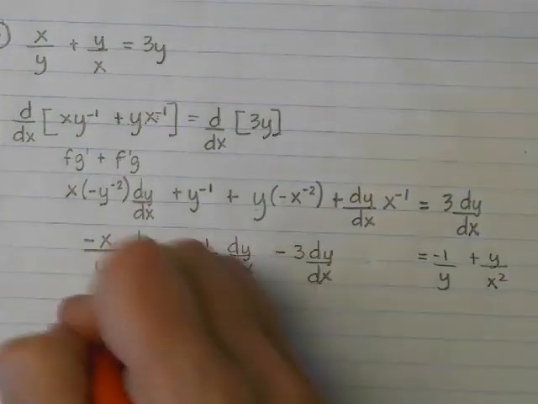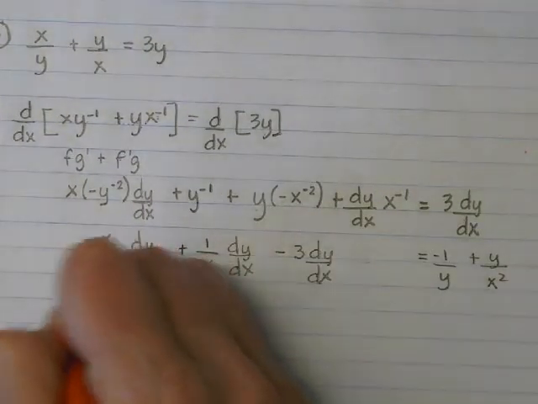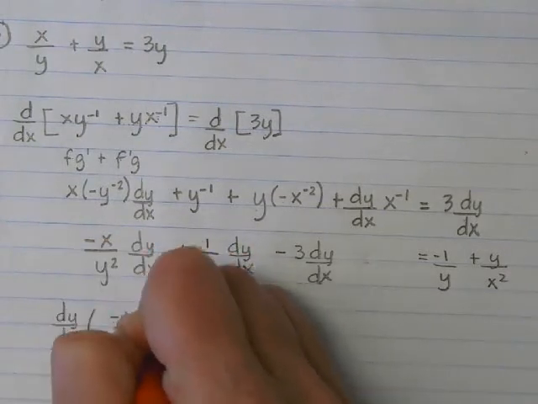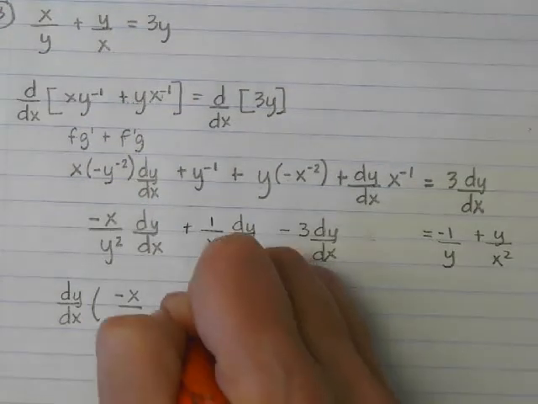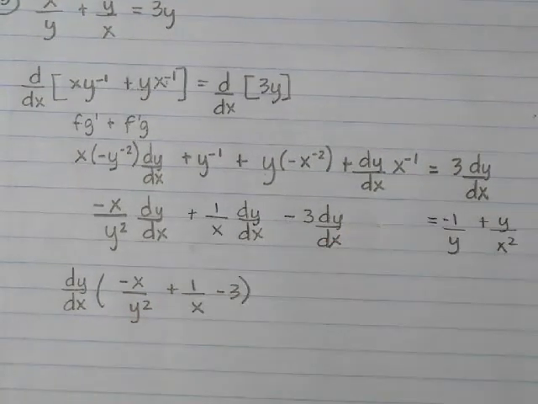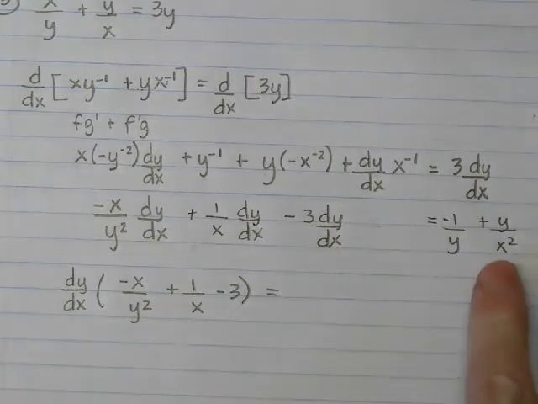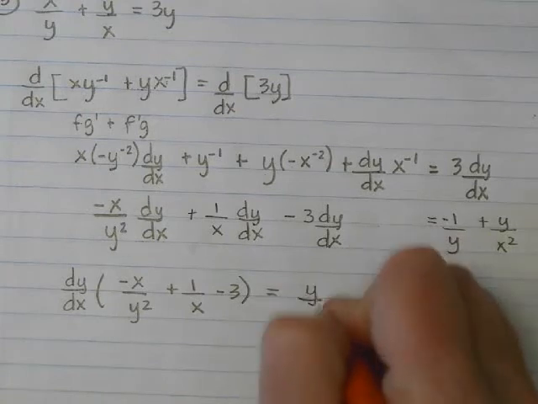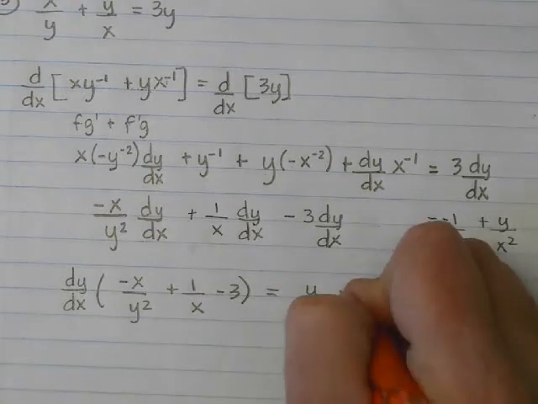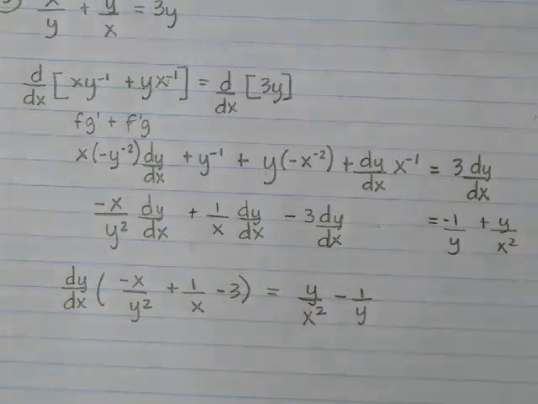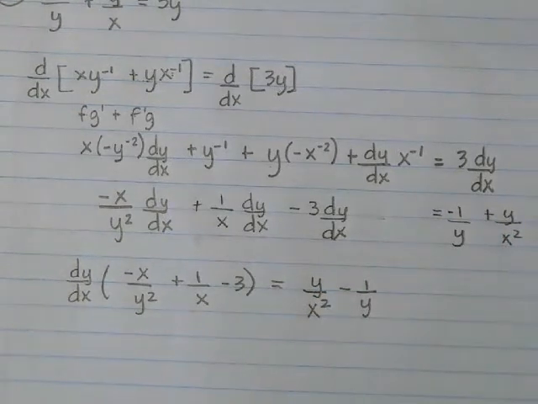So let's see, we're going to factor out our dy/dx. I have negative x over y squared plus 1 over x minus 3. I'm just going to flip those around so that the positive one is in the front. So y over x squared minus 1 over y. Now, I'm just going to get a common denominator.